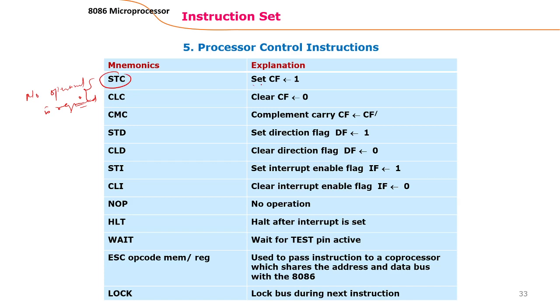CLC means clear carry flag. CMC means complement carry flag, and so on. These are self-defined instructions. Basically, they are explicit types of addressing modes. This is processor control instructions.